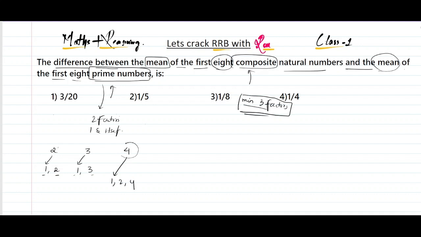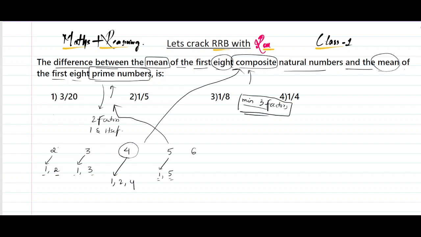This number 4 has 3 factors, so it qualifies as a composite number. If I take the next number 5, what are the factors of 5? 1 and 5, 2 factors, 1 and itself. So this number qualifies as a prime number.